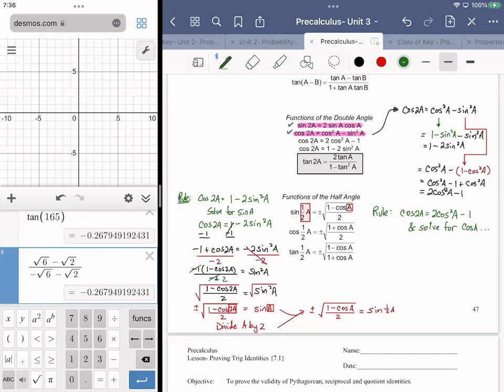That would give us this relationship. And then for tangent, you're just taking the sine relationship and dividing it by the cosine relationship. Okay, so there's always these algebraic processes that get us to where we want to go.